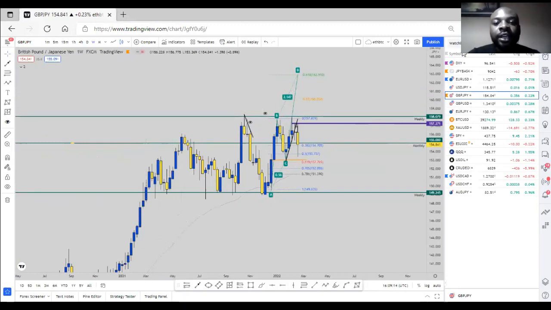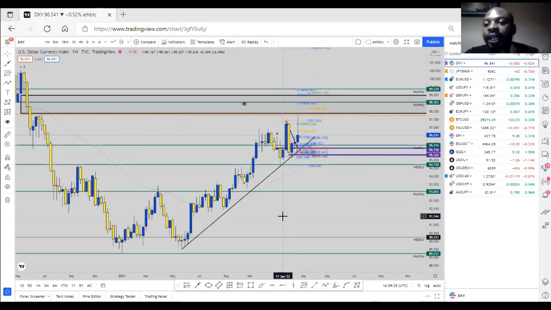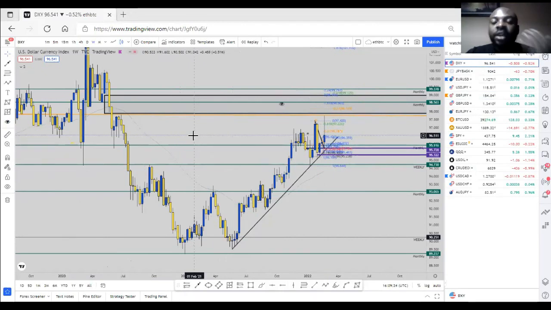If you want to trade the USD JPY across board, you use the DXY. When the DXY is very strong, it tells you that the dollar is going to be very strong. When the currency index is very bullish, it tells you that USD quoted pairs like Euro USD, GBP USD are going to be selling off.